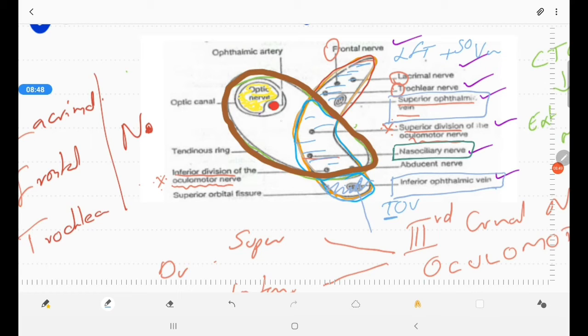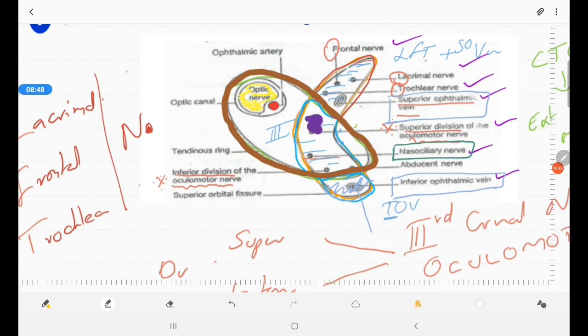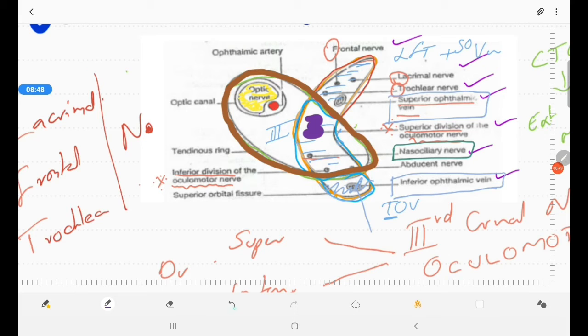The central part mainly has the third cranial nerve and the sixth cranial nerve. Along with that, what we usually forget is the nasociliary nerve.